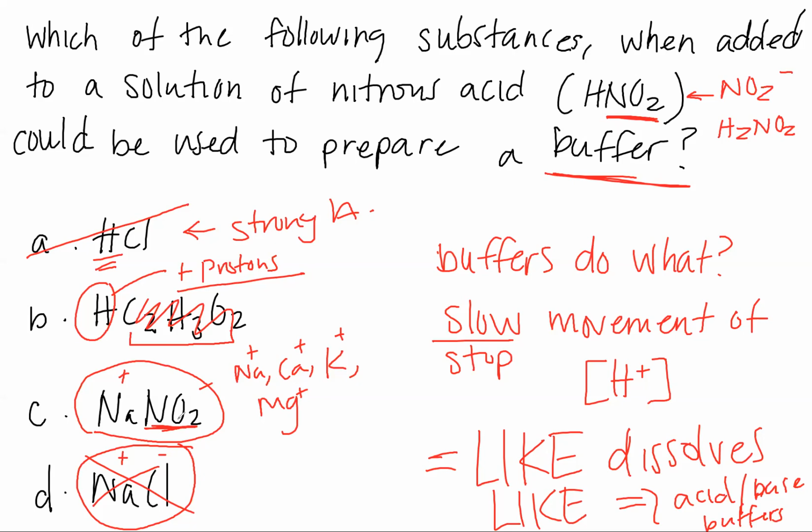So this is the basic version, so here I have more base. Let's add more base, and that's going to slow the movement of those protons. So for buffers, you need to think of it in terms of adding more base to slow down. If you add more proton, add more acid, we're going to keep trying to create that equilibrium, it will never be reached, and we're still going to keep trying to have this reaction go. Okay, so don't add a proton source.